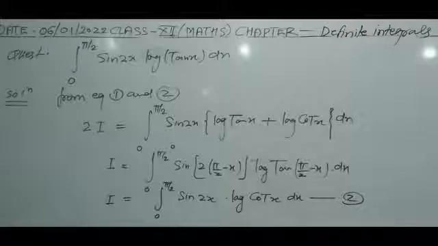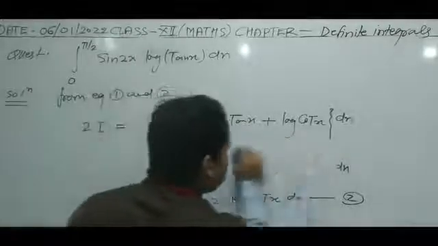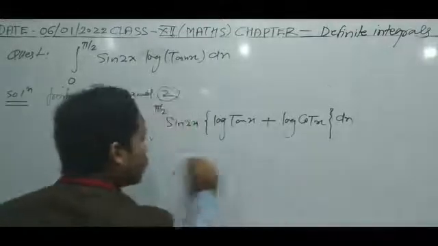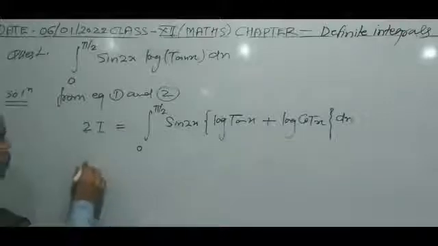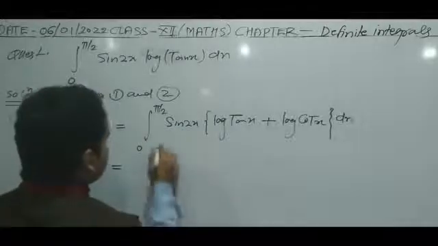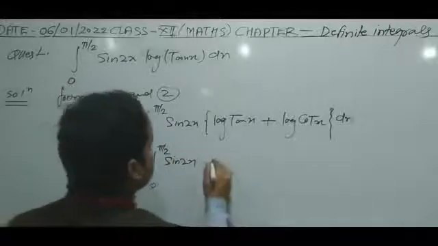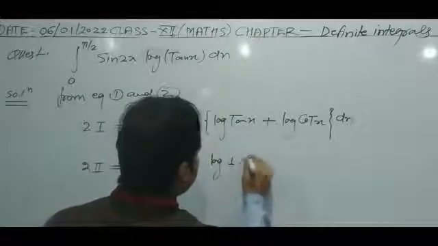Now log m plus log n, the formula is log of m into n. So the result will be 2I is equal to integration over 0 to pi by 2 of sin 2x into log of tan theta into cot theta, the result is 1, and now dx.